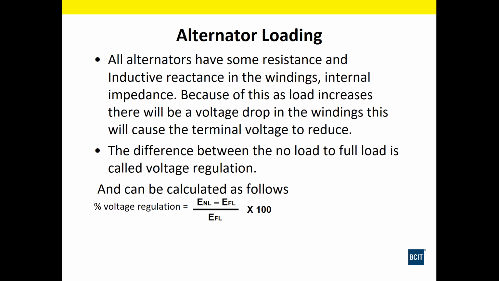That voltage drop is going to affect our terminal voltage. So as load increases on our alternator, our output voltage is going to decrease. Same concept as transformers. And so we can calculate our voltage regulation as follows: our no load volts minus our full load volts, divided by our full load volts, times 100, will give us our percent.